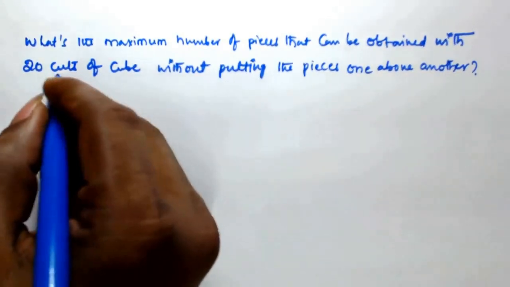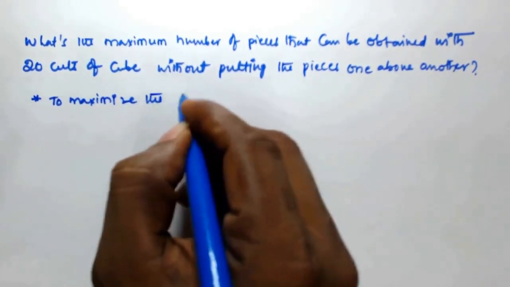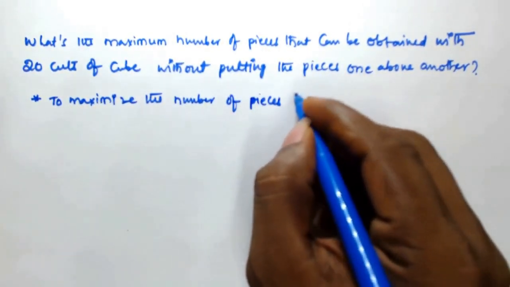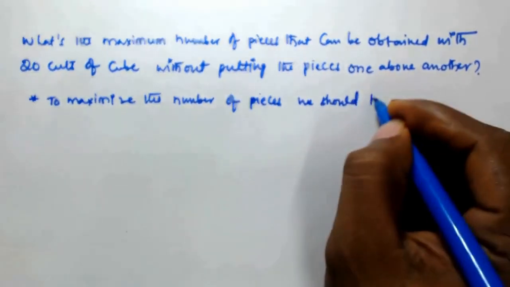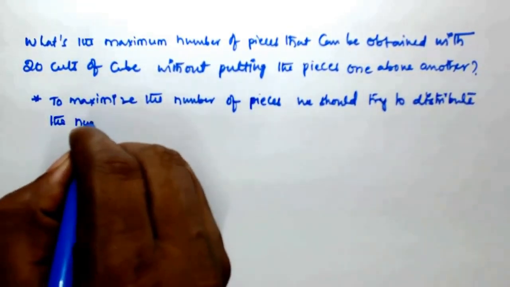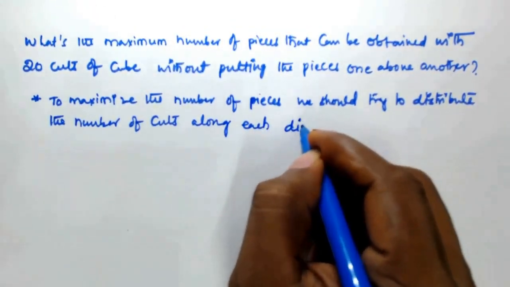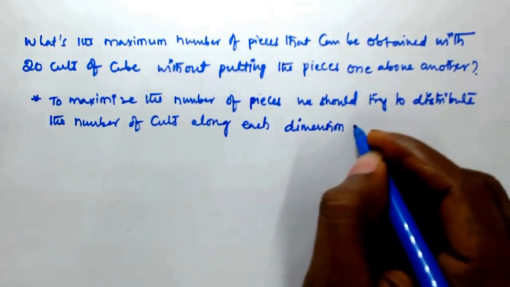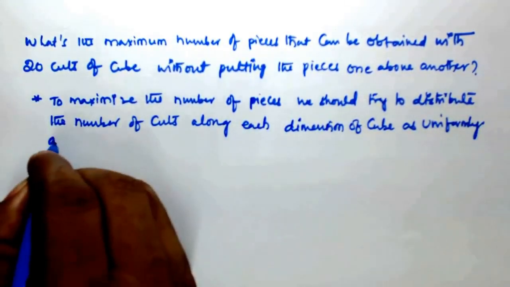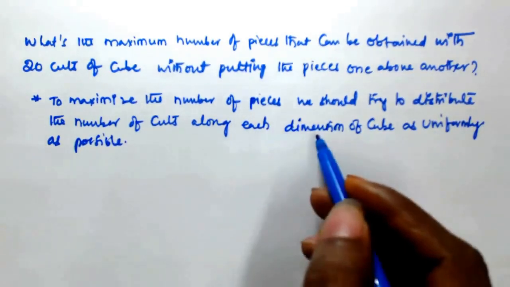So I will repeat the important point of the previous video: to maximize the number of pieces, we should try to distribute the number of cuts along each dimension of the cube as uniformly as possible.